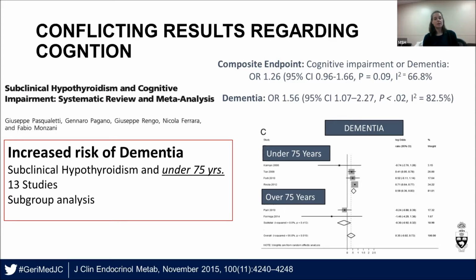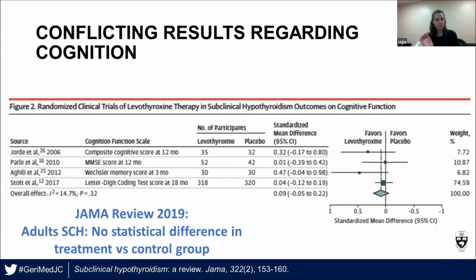But when they looked at the composite endpoint, including people under and over 75, the results were not significant. And then came a JAMA review in 2019 that demonstrated no statistical difference between subclinical hypothyroidism and cognition.